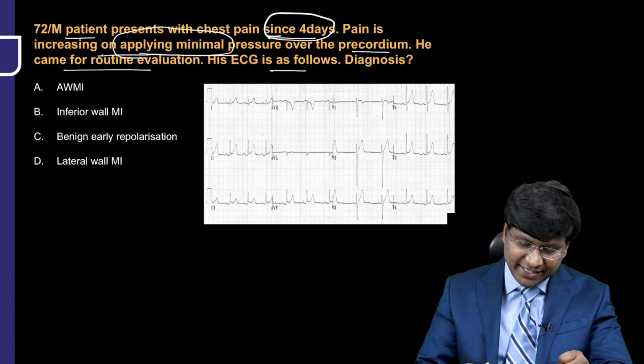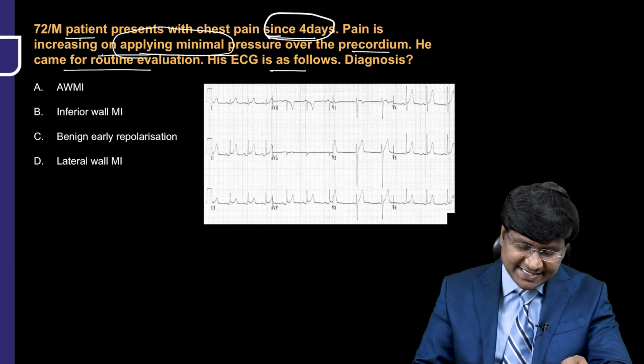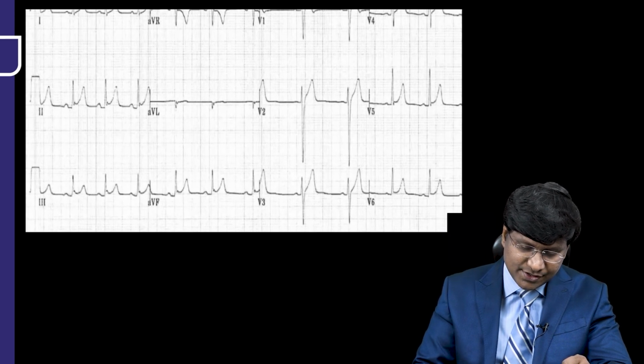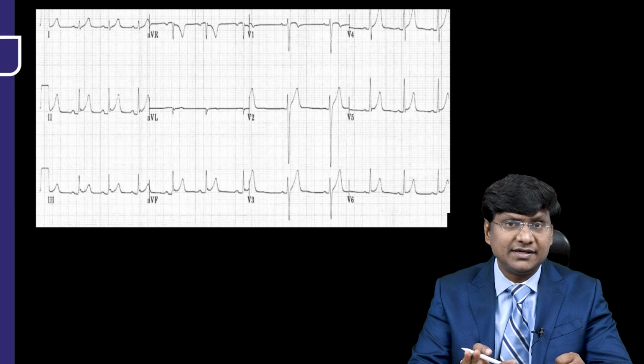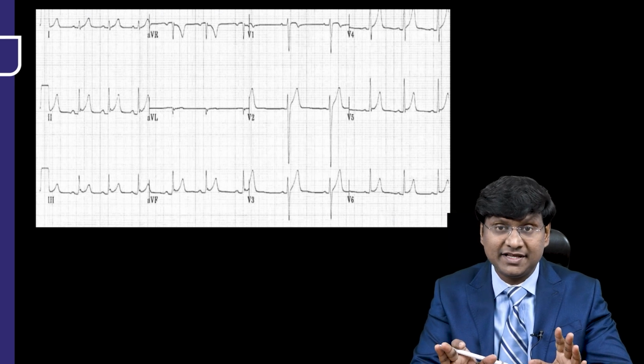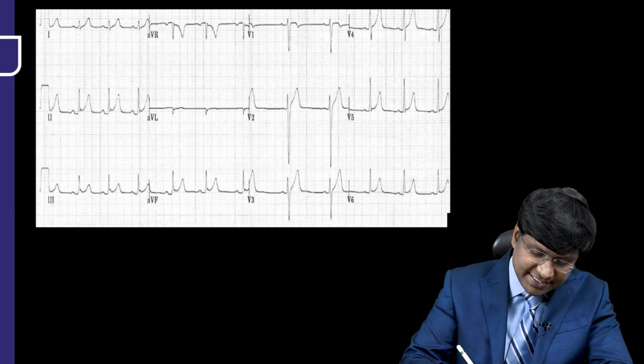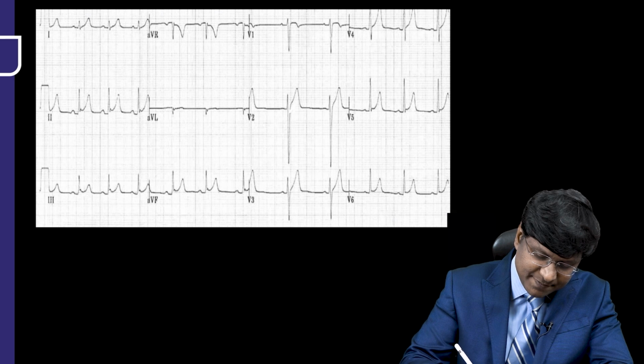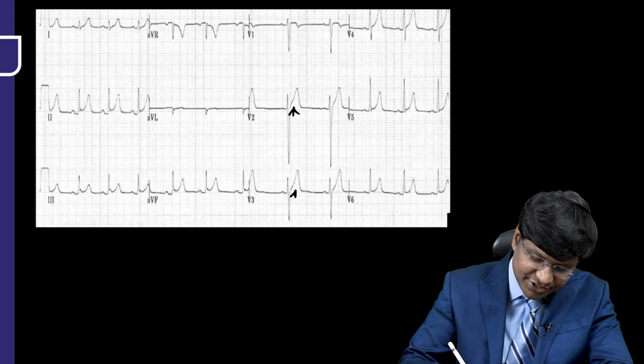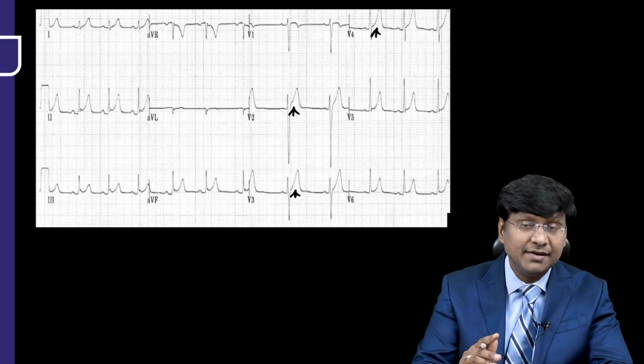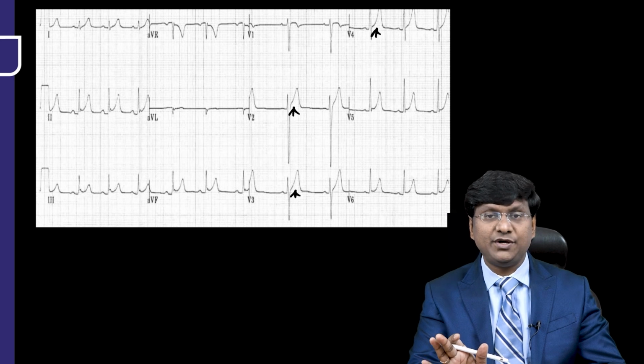Now, if you take the ECG changes that you are observing here, the axis, rate, rhythm and everything is fine, but there is ST segment elevation in the precordial leads, that is from V3 to V4.